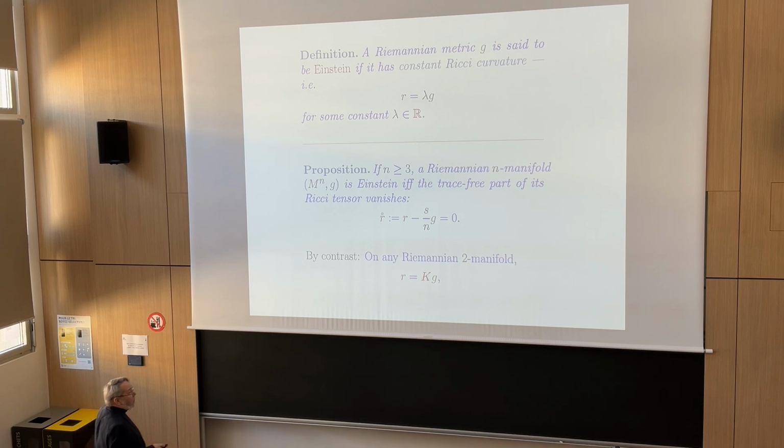The Ricci tensor is always the Gauss curvature times the metric, and so in particular, in dimension 2, the trace-free Ricci tensor always vanishes. But on a generic Riemannian surface, the Gauss curvature will not be constant, and therefore that's not considered a solution of the Einstein equations, where we have strongly put in that lambda is supposed to be a constant.